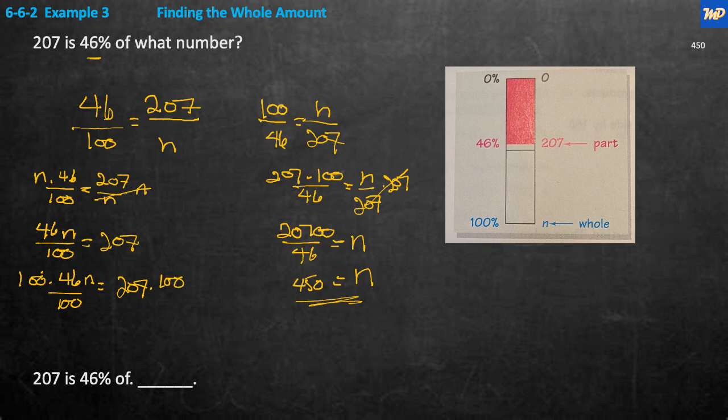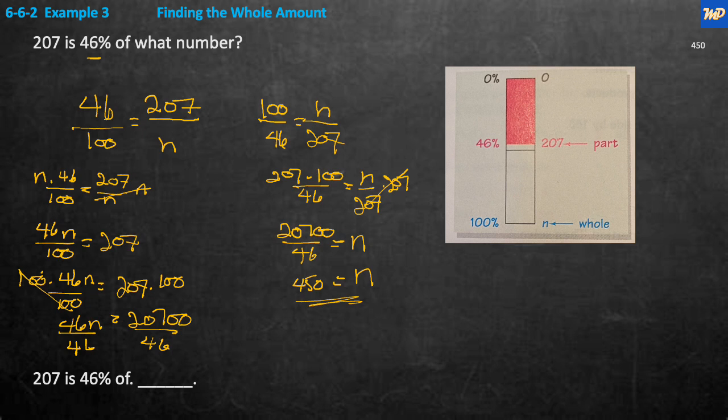Okay, and the hundreds cancel, and I have 46n is equal to 20700. And then to get the n by itself, I'm going to divide both sides by 46.